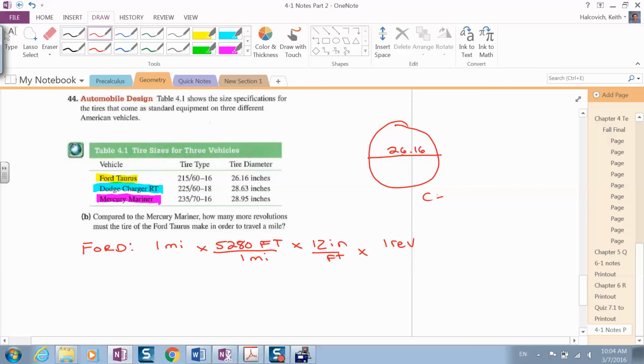And remember, circumference is 2 pi r, or pi times diameter. So there's 1 revolution every 26.16 pi inches.